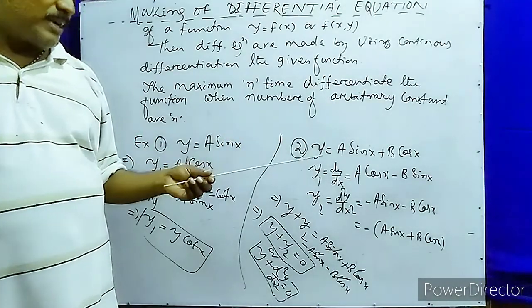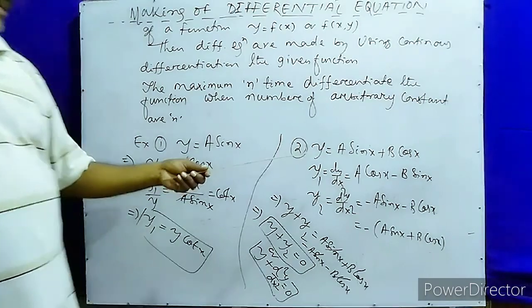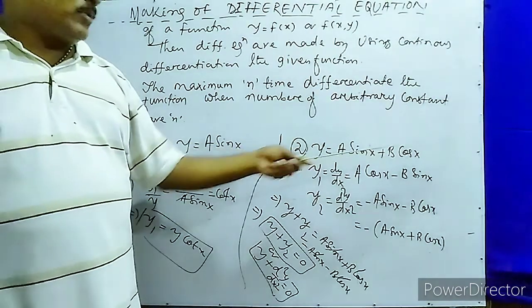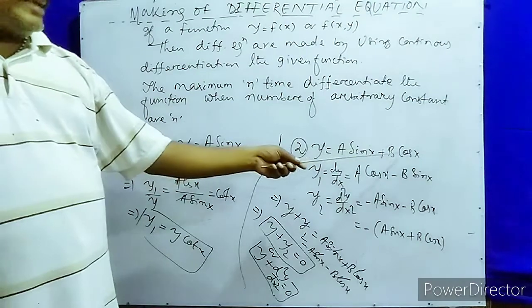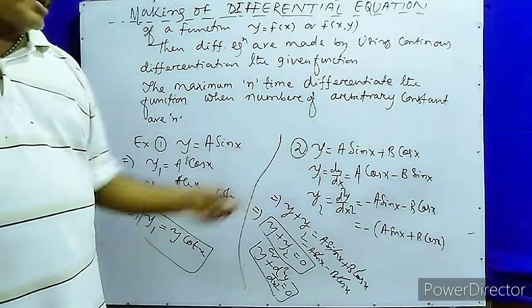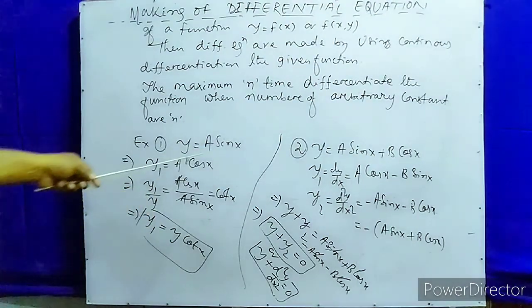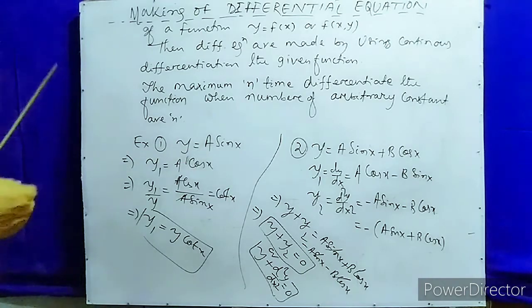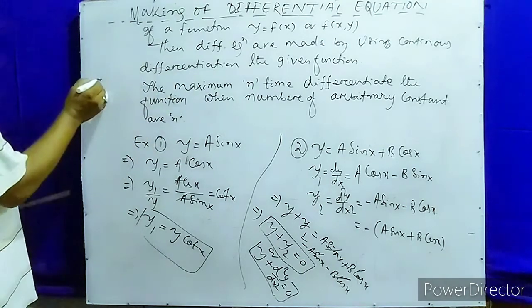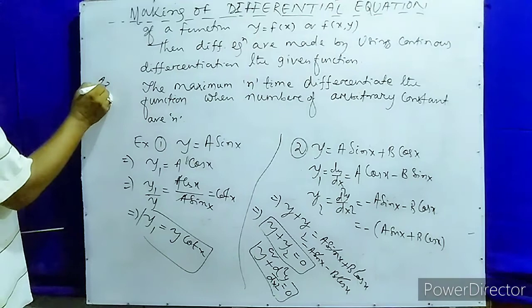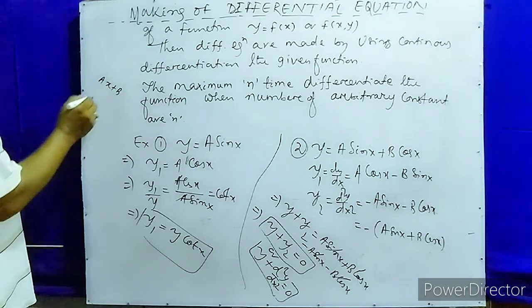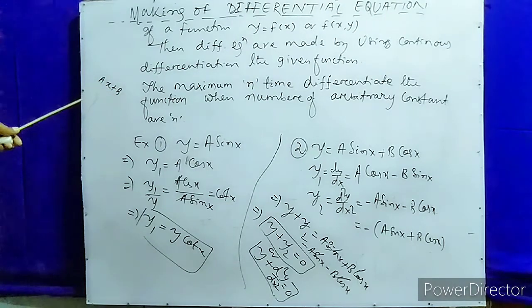Arbitrary constant means, for example, one equation given is y equals a sin x plus b cos x. Here a and b are the two arbitrary constants. Suppose another equation is given, a x plus b. Here how many arbitrary constants? Only one. The constant along with the variable is the arbitrary constant.